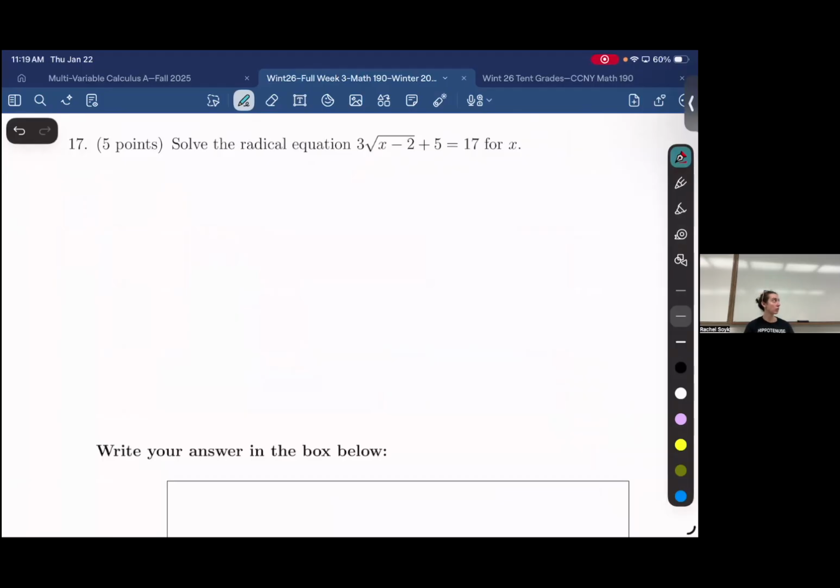We have solve the radical equation 3 square root of x minus 2 plus 5 equals 17 for x. So we want to get x all by itself. Let's first, straight off the bat, subtract 5 from both sides. So we're looking at 3 square root of x minus 2 is equal to 12. Then let's go ahead and divide both sides by 3, utilizing inverse operations.